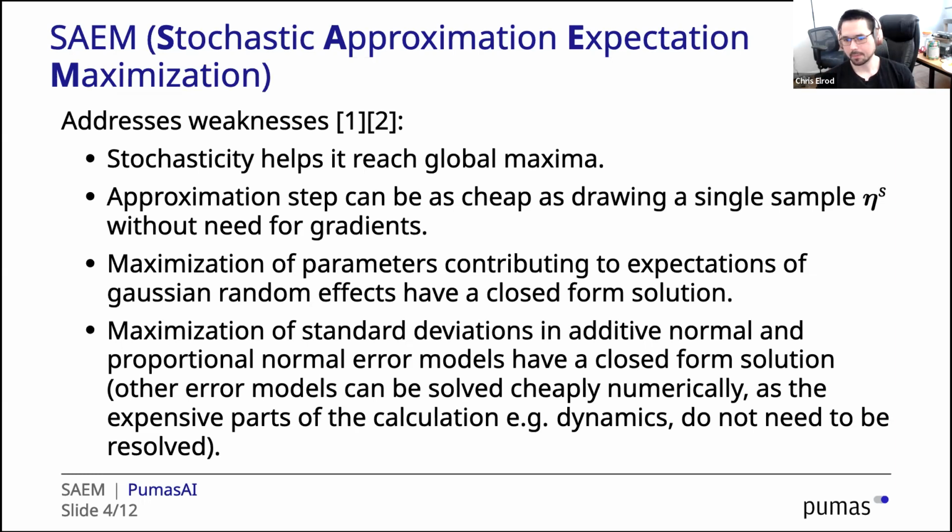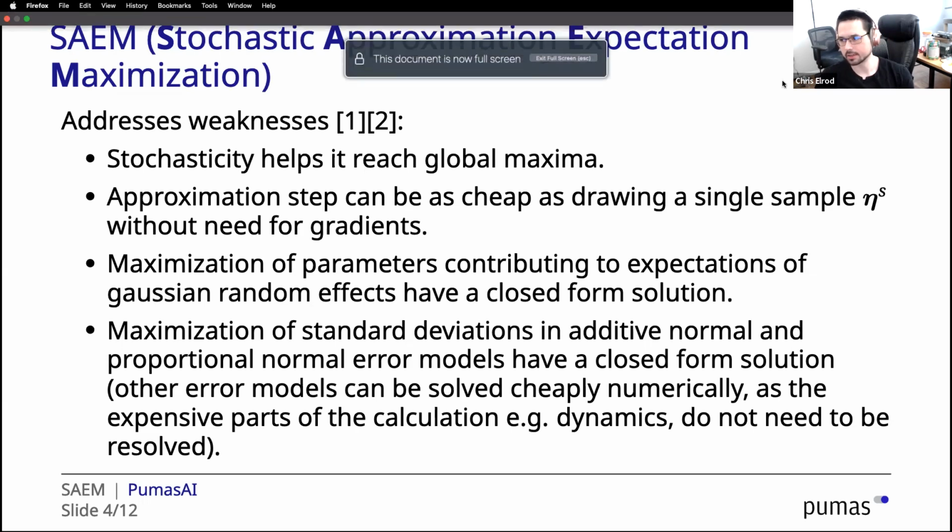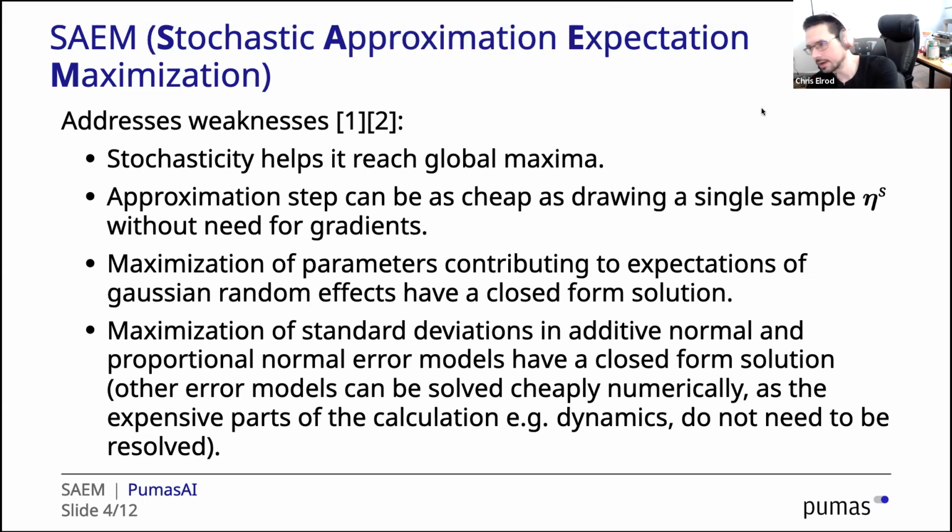In SAEM, you just update some sufficient statistics and use these sufficient statistics to calculate your parameter values, which makes the maximization step very cheap. It also does not require any gradients, unlike FOCE or Laplace I, which need gradients with respect to those algorithms.